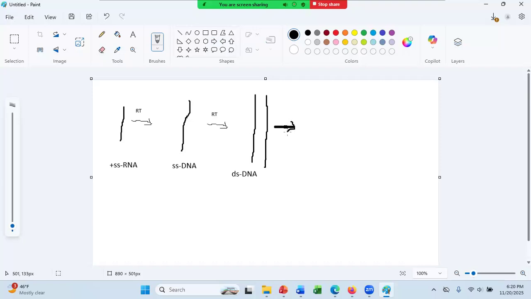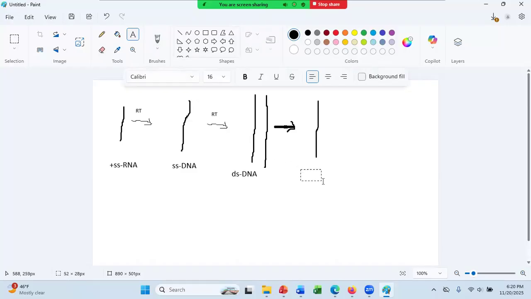It can make RNA, which can be read by the ribosome to make viral proteins.